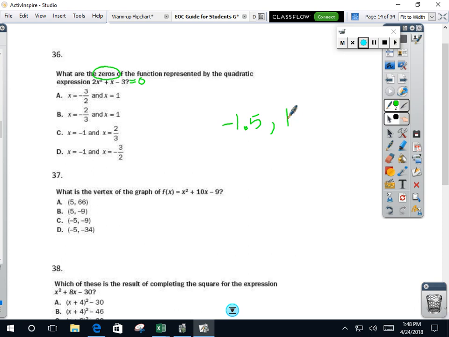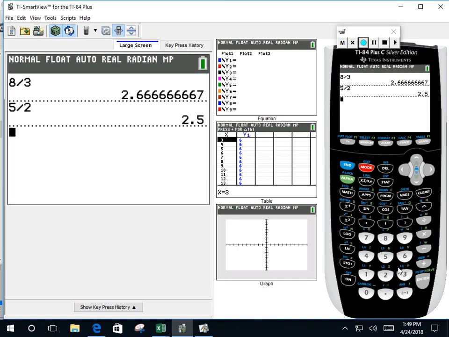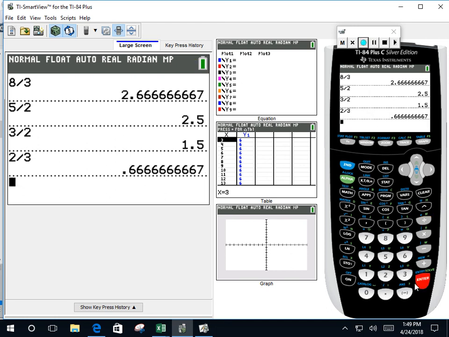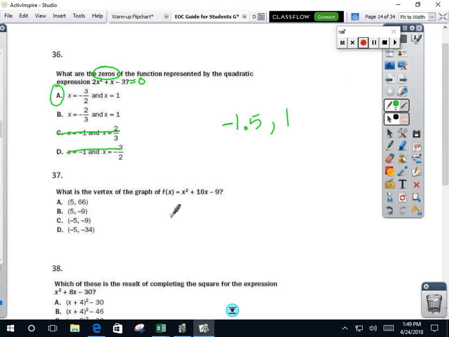Well, we know it's +1, which rules out C and D. Is -1.5 the -3/2 or the -2/3? Oh, 1.5, 3/2. Right. Type it in. 3 divided by 2 is 1.5. 2 divided by 3 is 0.67. So the 3/2 makes that 1.5, so it's A.